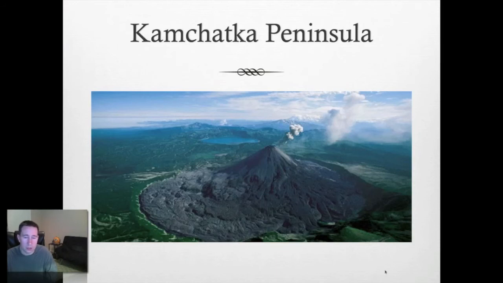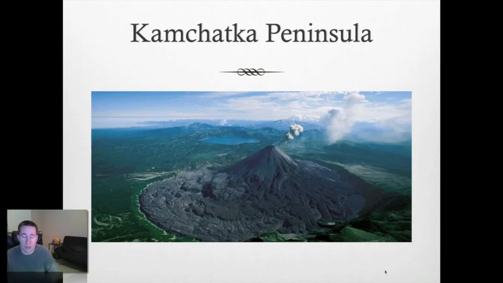And you see a picture right here of a fairly large volcano with a lot of dried and cooled lava off to the sides. It's a very active area, and at the same time, it's a much more livable place than the Central Siberian Plateau.